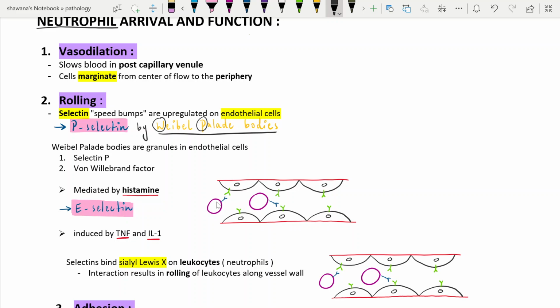But when there is vasodilation, when the blood starts to move slowly, the cells also start to marginate from the center towards the periphery. For example, this is the blood vessel, and the cells start to move from the center towards the periphery.